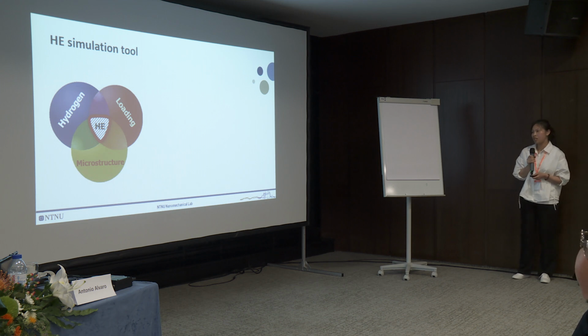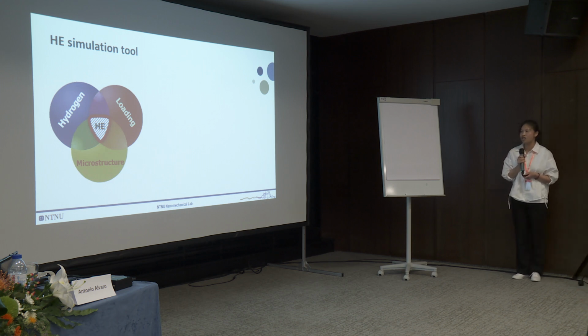As we know, there are three very important factors for hydrogen embrittlement: the absorbed hydrogen, the loading, and the material microstructure. Also, to build a sound hydrogen embrittlement simulation tool at the continuum level, three elements are very necessary: a HE mechanism, an accurate mechanical model, and an easy calibration.